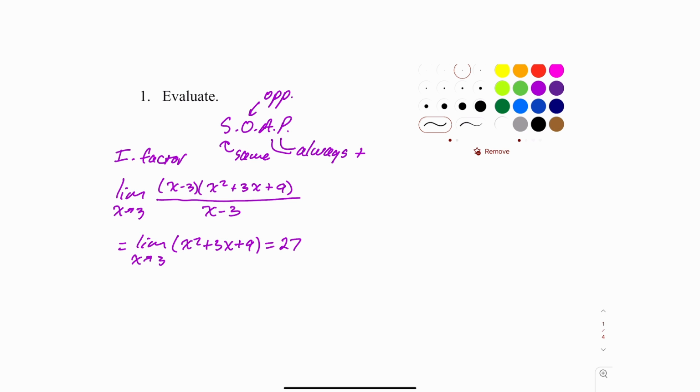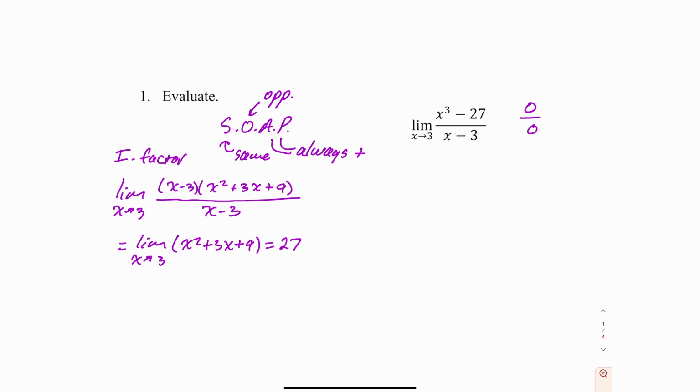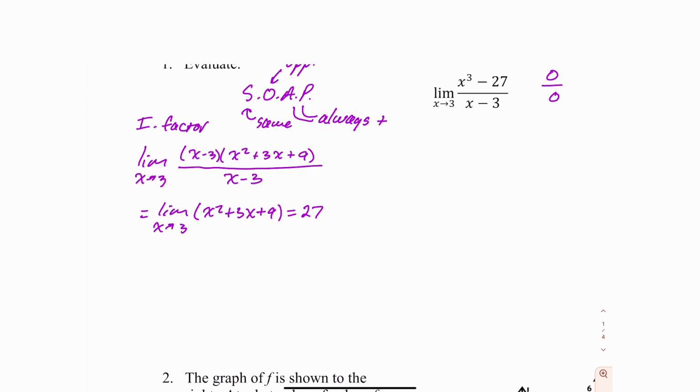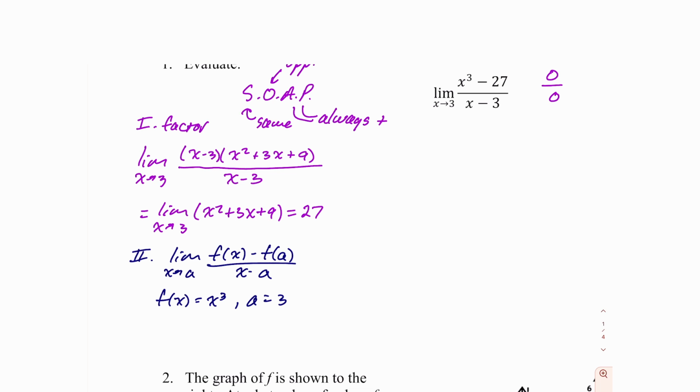Option 2. I'm going to try to vary up the colors here, except I'm not really good with colors, so here we go. Option 2 is, I look at this and I think, this looks a lot like the definition of the derivative. So if it is, it would be the limit as x approaches a of f of x minus f of a over x minus a, which would make f of x x cubed and a would be 3, which means I'm just trying to find f prime of 3.